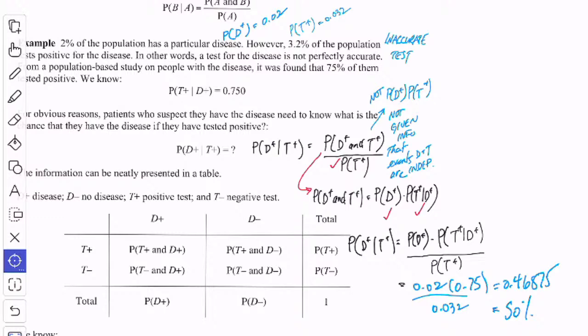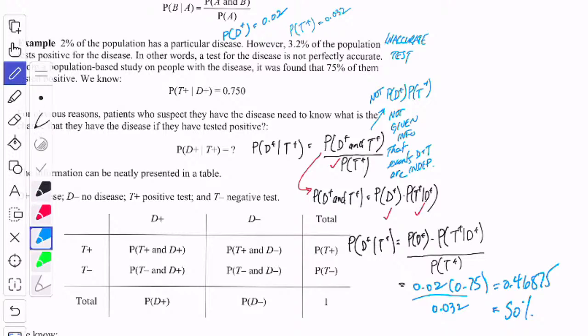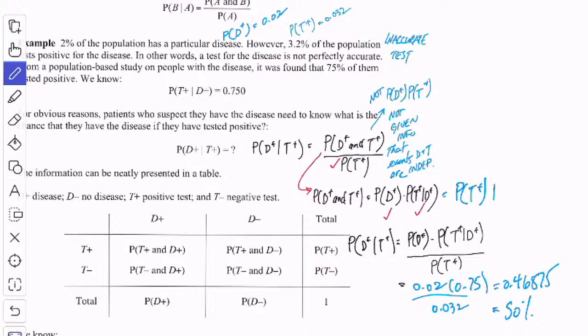I could have written it alternate ways, but I chose to write it like this. I could have also written it backwards, right? But that didn't serve my purpose because this was the one I was given.